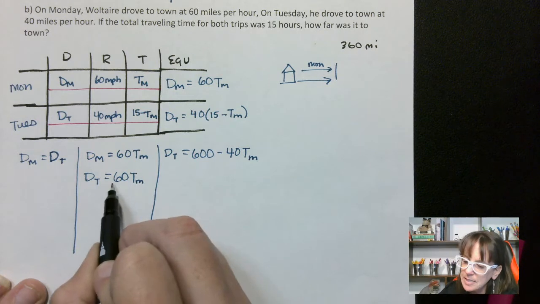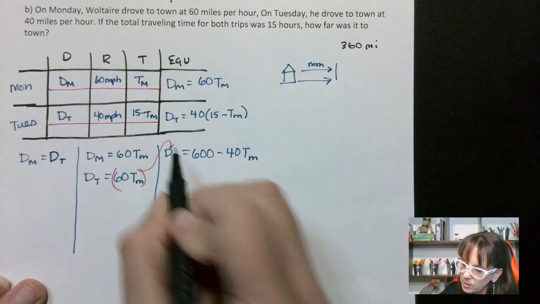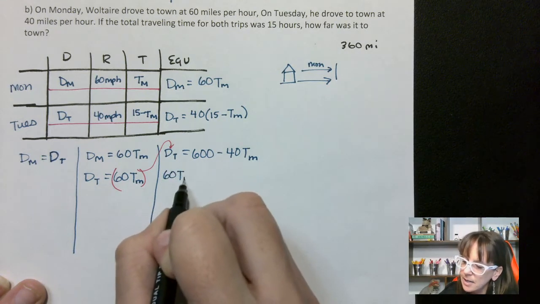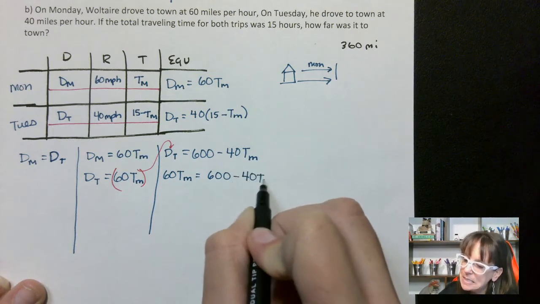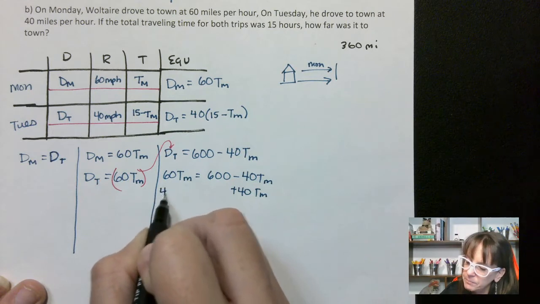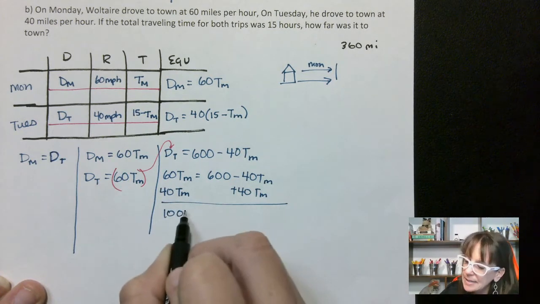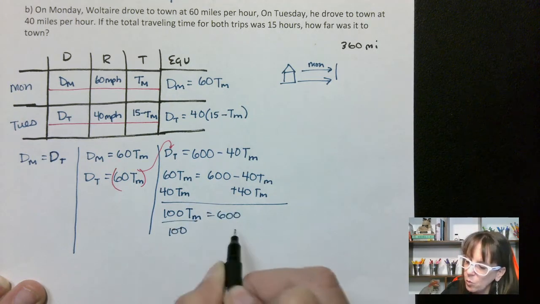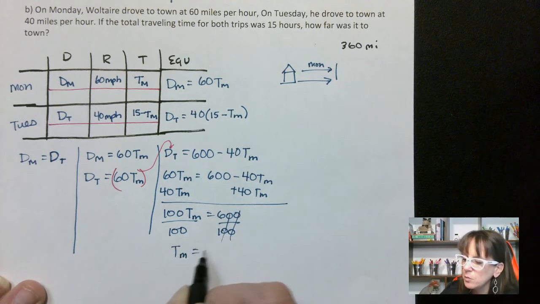Now that we know dt is this, I can plug it in right there. So that's going to be 60 tm equals 600 minus 40 tm. Add 40 tm to both sides, and we get 100 tm equals 600. Divide both sides by 100. Lob off some zeros. We get tm equals 6.